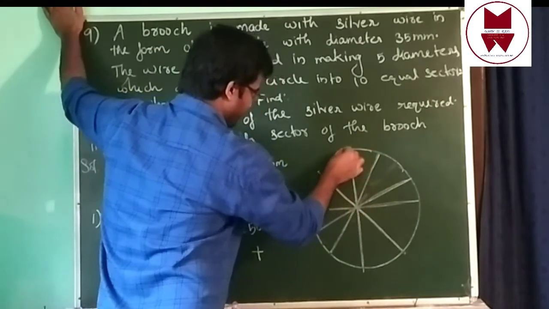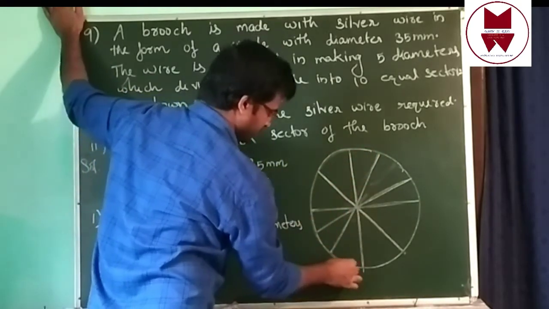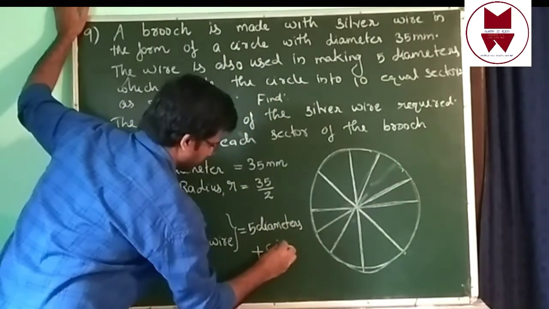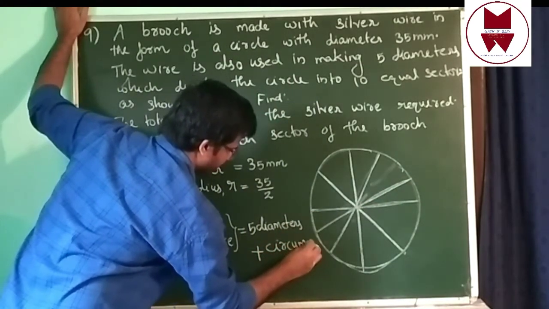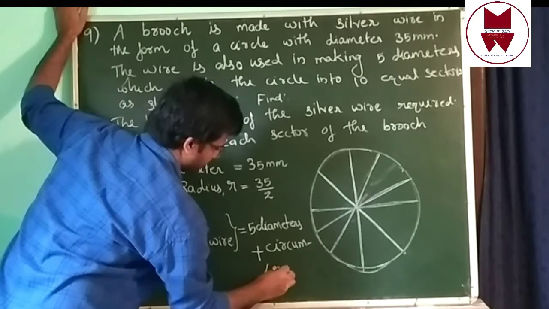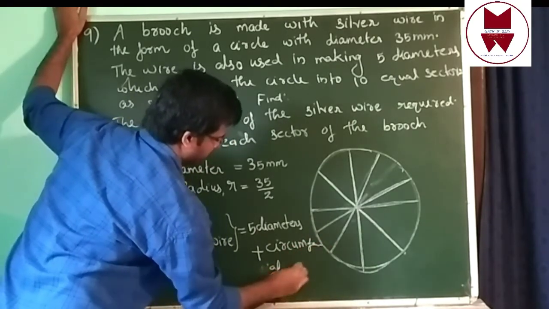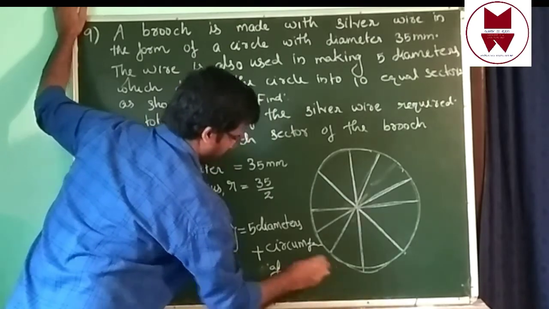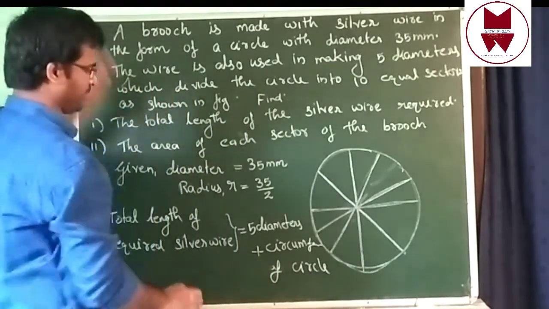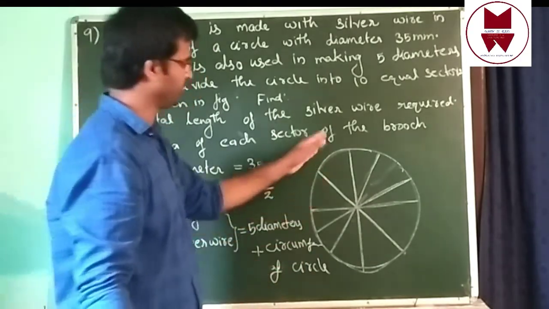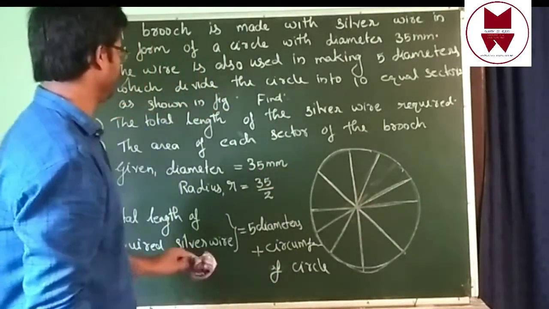This outside part is also silver wire. What is this? This is the circumference of the circle. If you add the 5 diameters' length plus the circumference of the circle, you will get the total length of required silver wire.